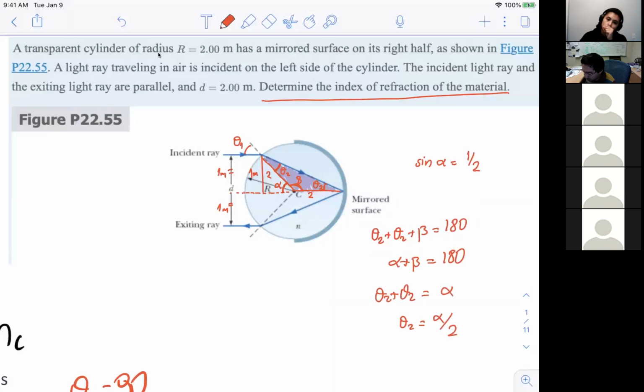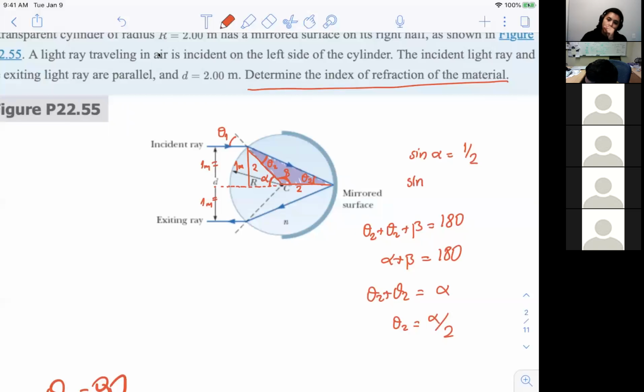Okay, from sine alpha being a half, if you use the inverse sine function, you will find that alpha is going to be 30 degrees, right? Then theta 2 is going to be 15 degrees, and theta 1, because of the parallel lines, you have this parallel alpha, and it will be exactly the same for theta 1.